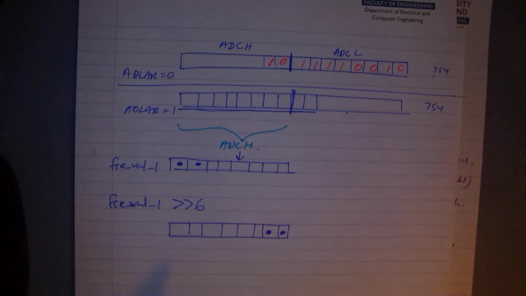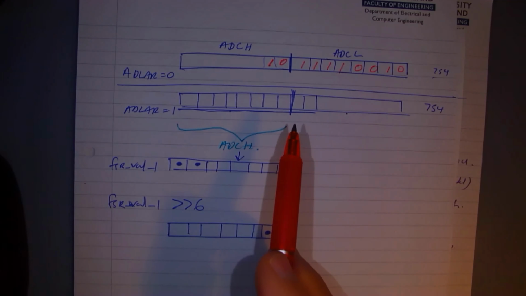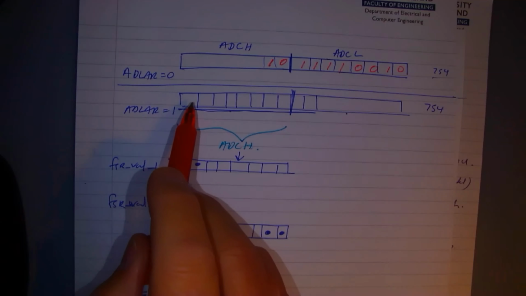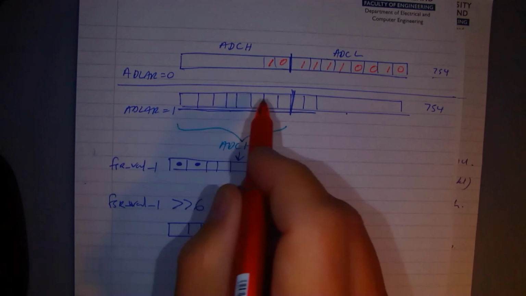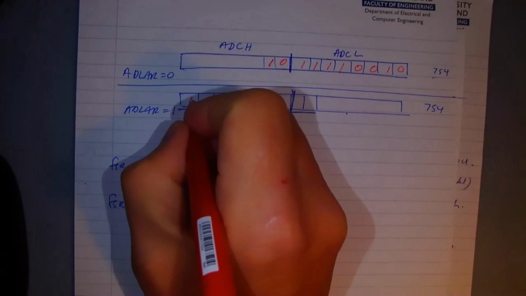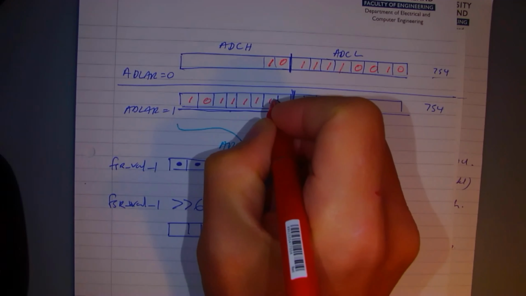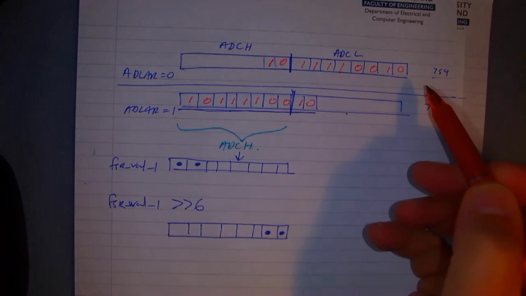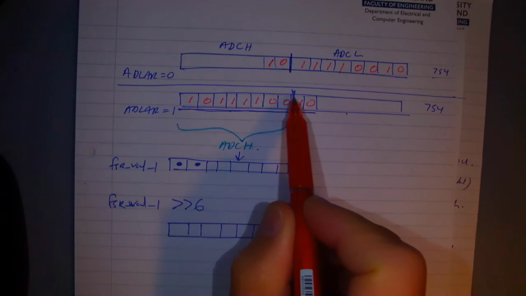So instead of returning this number here, what I'm going to do is left shift it, left adjust it, so that this becomes 10111110. As you can see, I'm just left adjusting it so that it's all filling up this part of it.